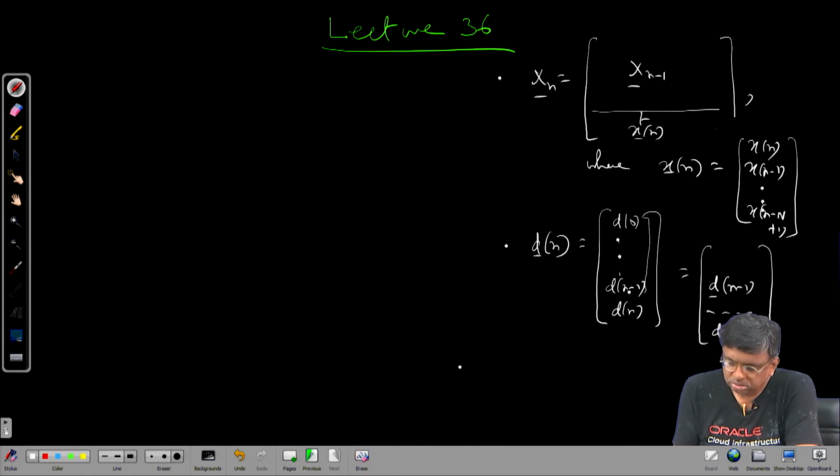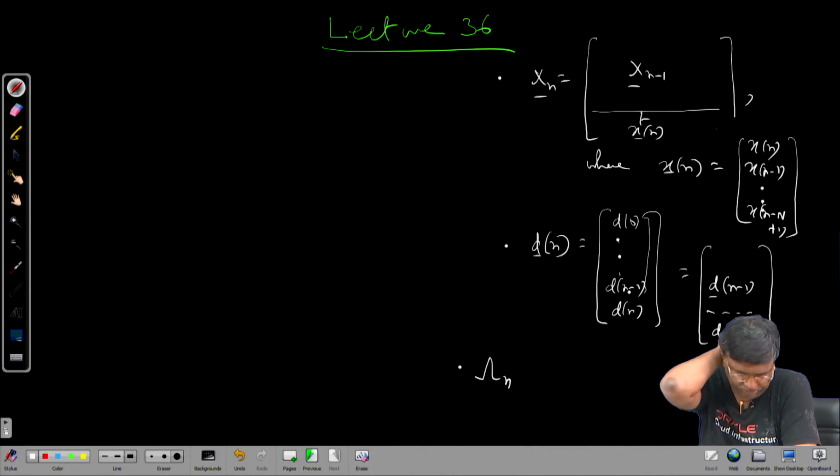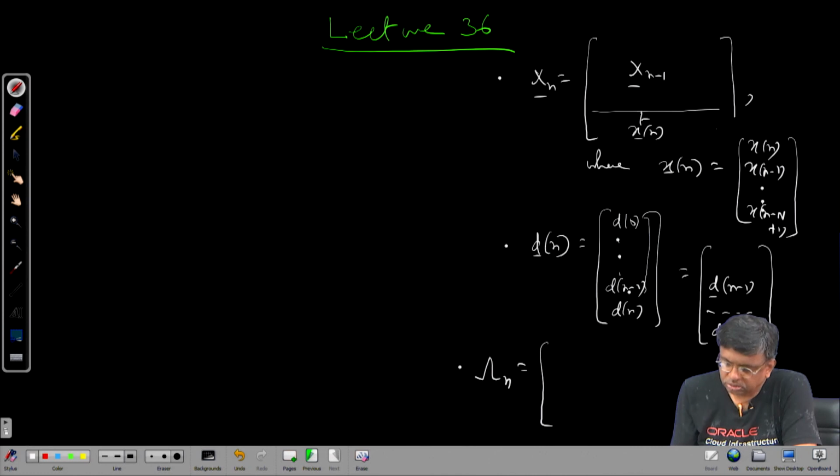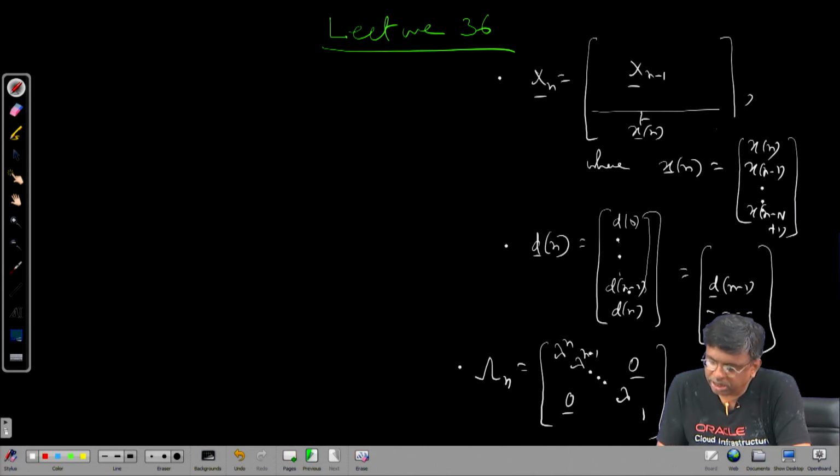Another one is lambda n, it was lambda to the power n. This we can write as a 0 column vector, its transpose, this is the 0 vector, and this is 1.